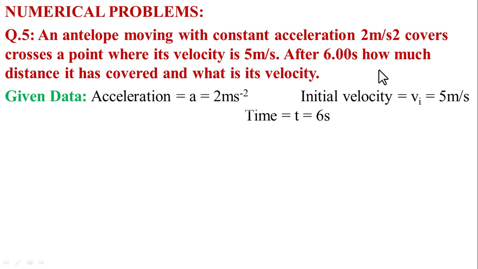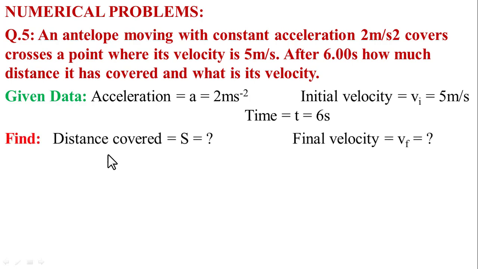First of all, write the given data. According to the given statement, acceleration A is equal to 2 meter per second square and initial velocity Vi is equal to 5 meter per second. Time taken t is equal to 6 seconds. Now we can find the distance covered S and the final velocity Vf.